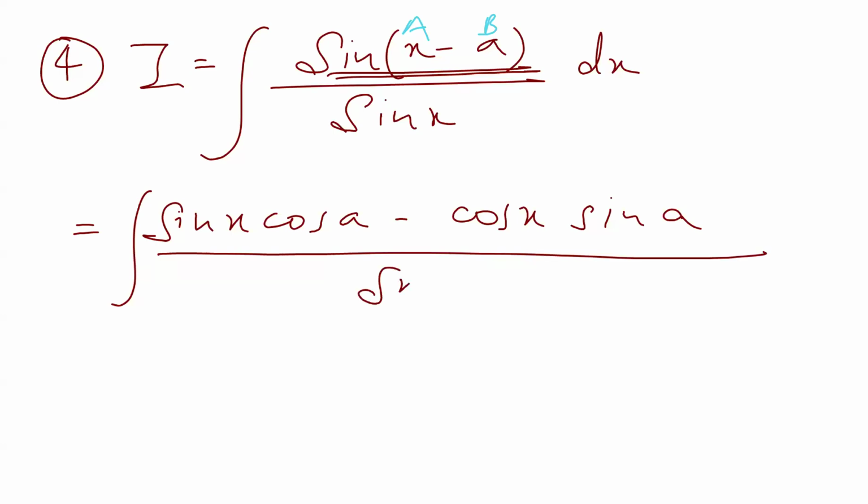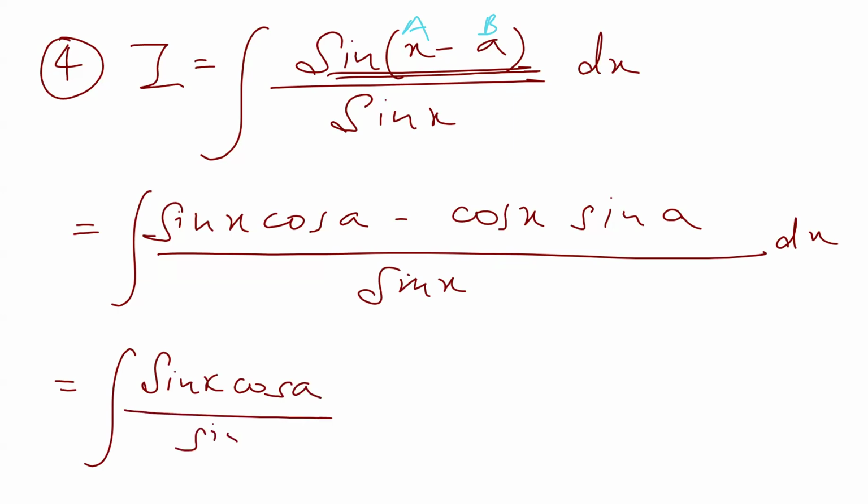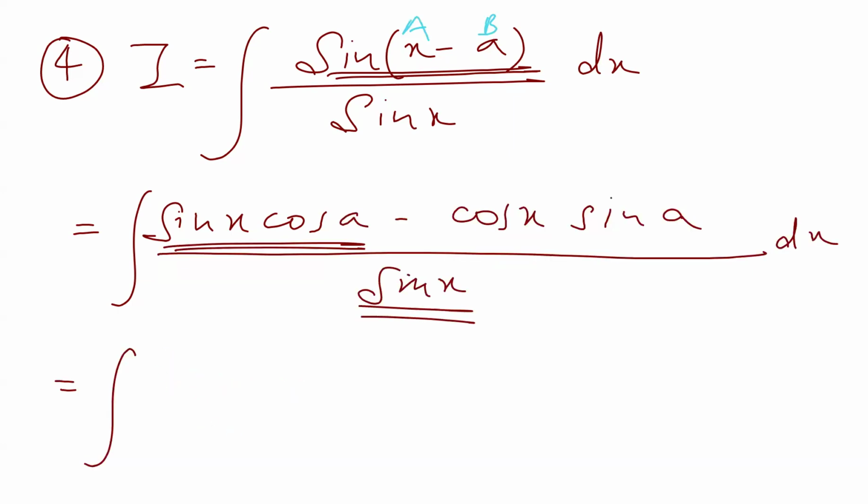Upon sin x. So this will be sin x cos a upon sin x. Okay, so this upon this, so sin will get cancelled, so we'll be left with only cos a, like the previous problem, minus this upon this.